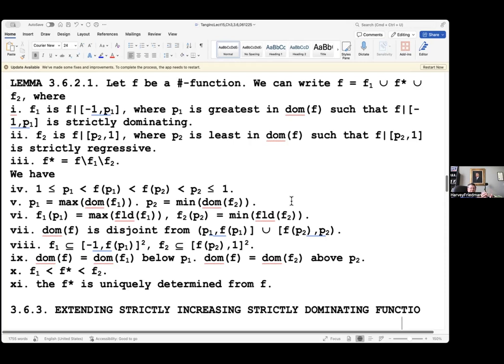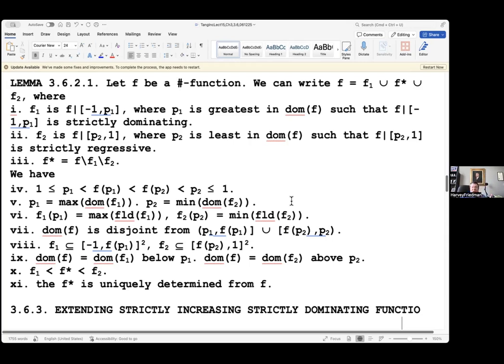You go out from -1 as long as you can go, so you're still strictly dominating. And f2, the other function from the top, is where you travel downward as long as you're strictly regressive.